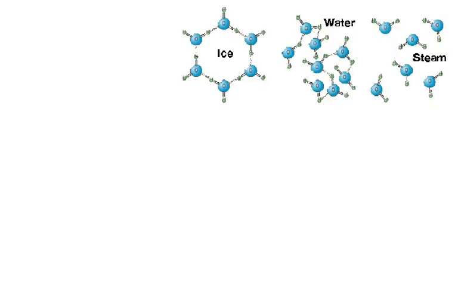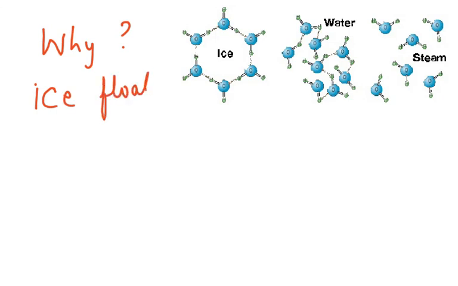Just a point that I want to make is, why does ice float? Usually, you take some water and you take some ice out of the fridge and put it in the water. Well, it's going to float. Why does ice float?